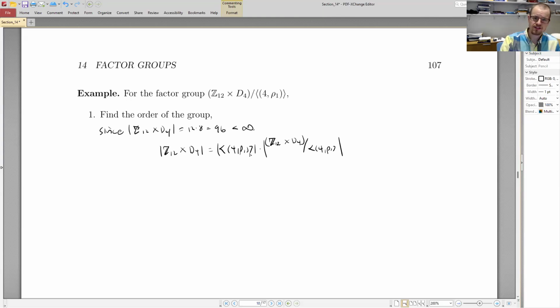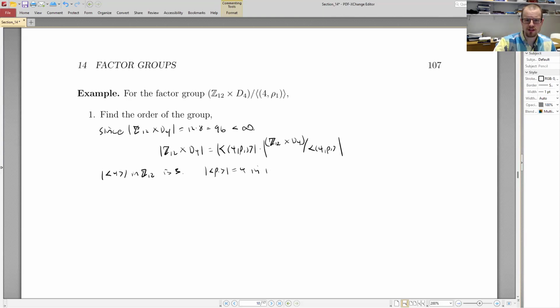What I'd like to do is consider the order of this element, or the order of the subgroup that's generated by that element. Either one is fine. The order of the element 4 in Z12 is 3. And the order of row 1 is 4.